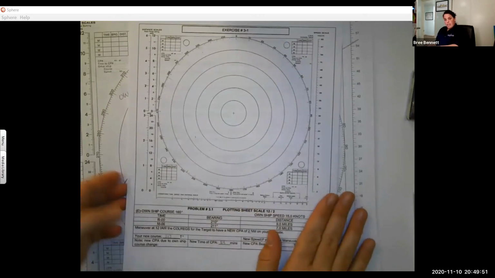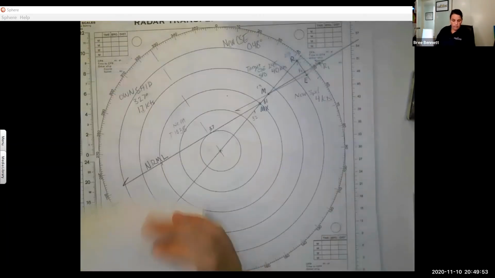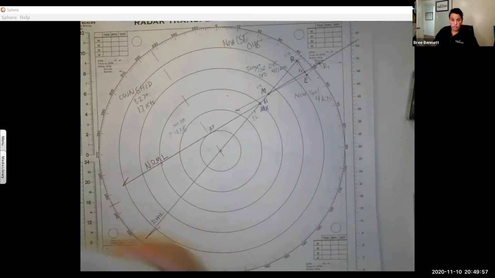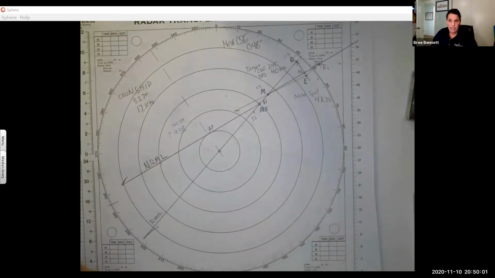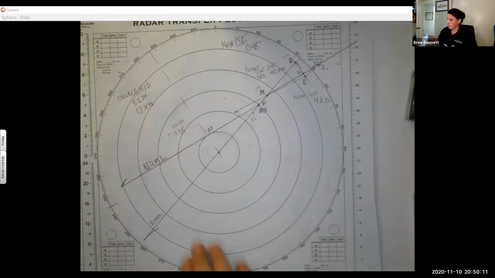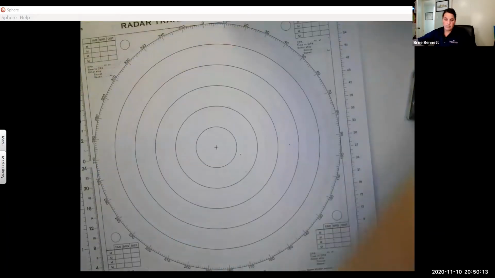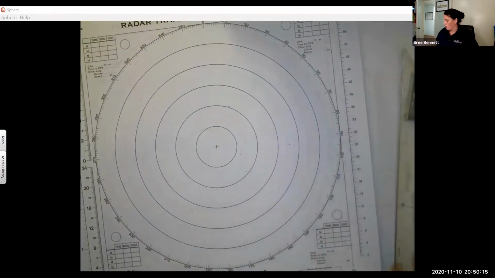But let's dive into the homework. Who does not have a maneuvering board right now? Okay, cool. So get your plotting tools and your maneuvering boards, and let's start on the homework.